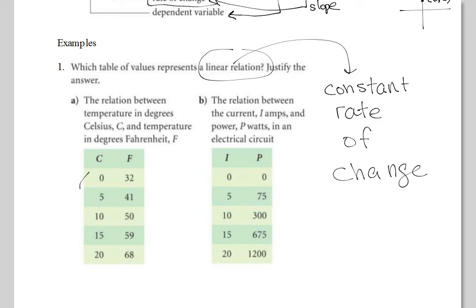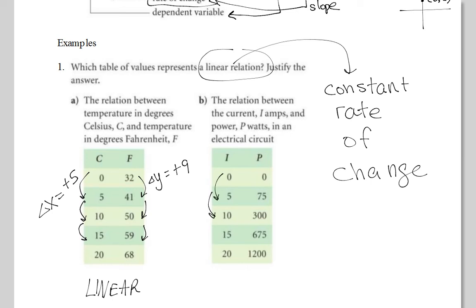So what are the x's going up by on here? Delta x is a positive 5. What's the y's going up by every time? Every time it goes up by plus 9. So is the first one linear? Good. Linear. Now you're smart people, what do you think the next one's going to be? Yeah, nonlinear. How do you know?